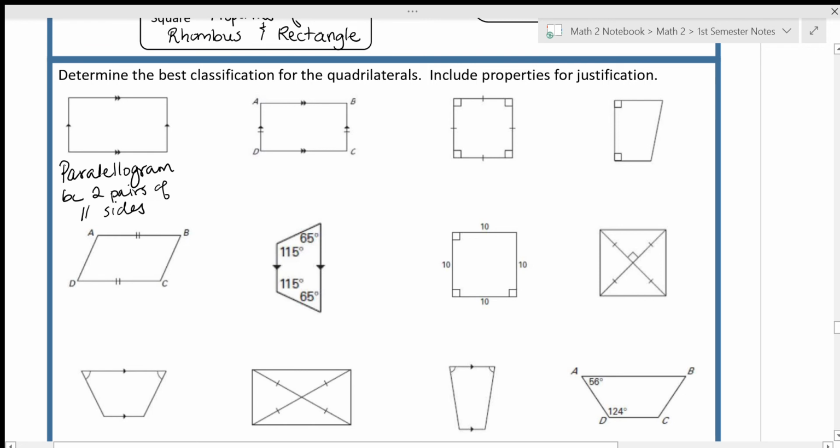On the second shape, we have two pairs of parallel sides and one pair of opposite congruent sides. Again, all we have for sure is that it is a parallelogram. Oh, I spelled parallelogram wrong on the first one, you guys. We don't have any information that makes it more specific.